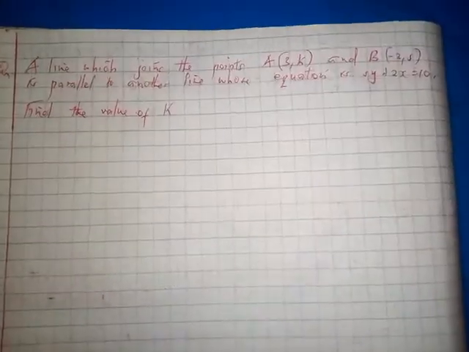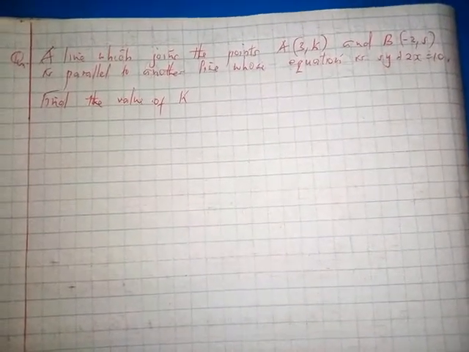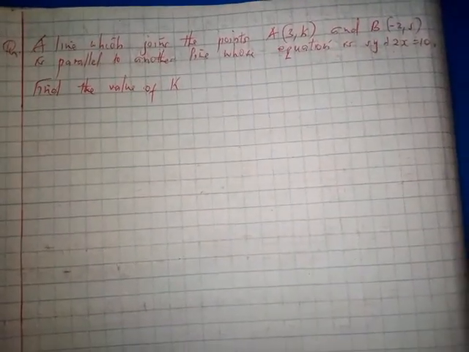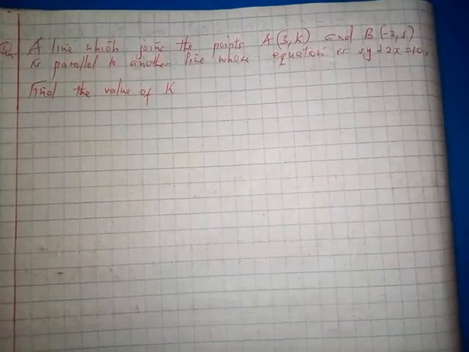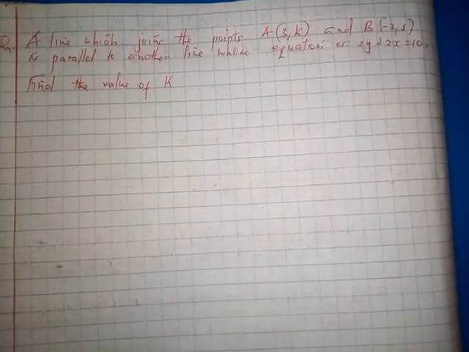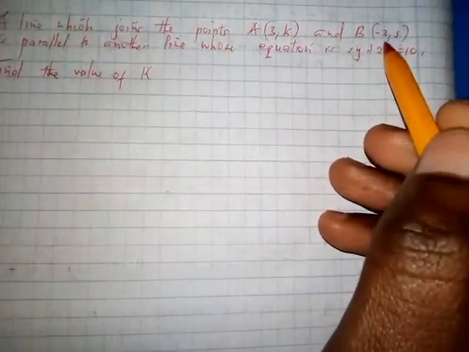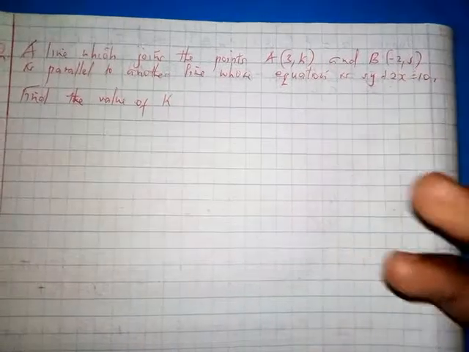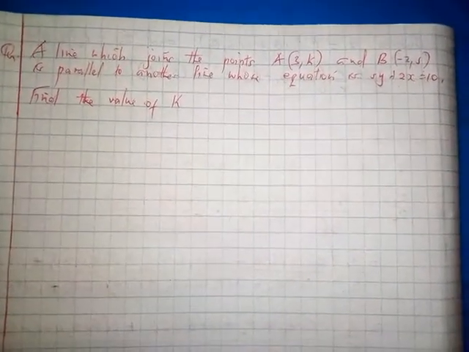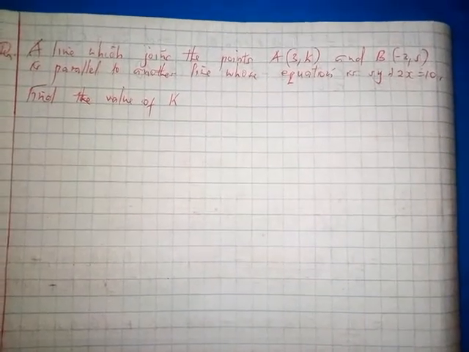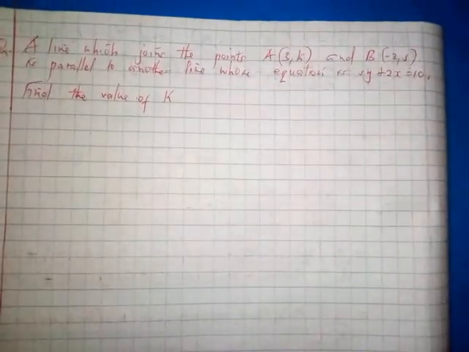And here's the problem. A line which joins the points A, I've given the coordinates of A as 3, k, and B I've been given as -2, 5, is parallel to another line whose equation is 5y plus 2x is equals to 10.